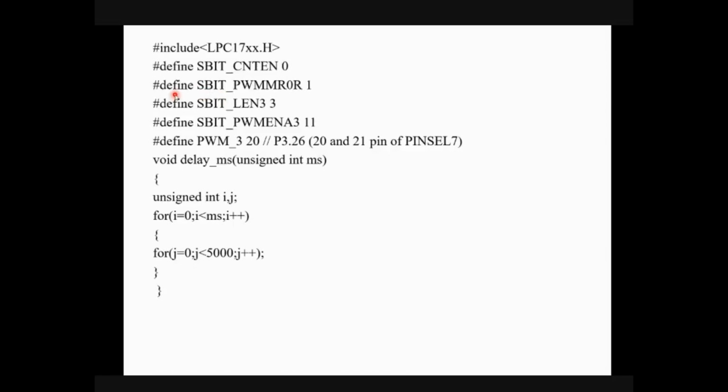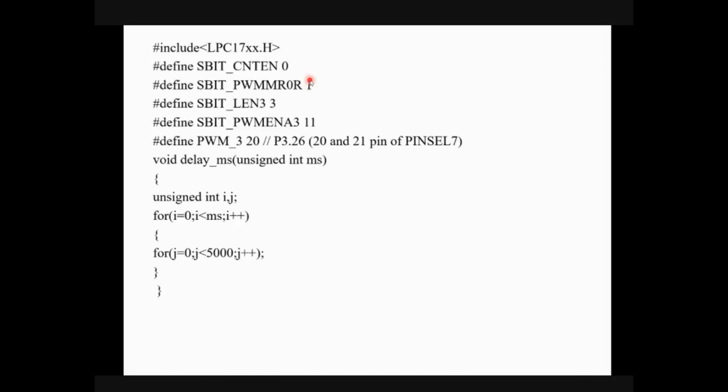Then define SBIT_PWMMR0R. R is for reset, as I told. This is the naming I am giving for this variable, according to the operation I want to perform. Which bit in the MCR register?